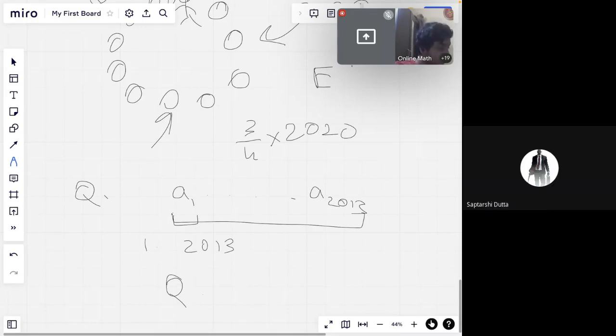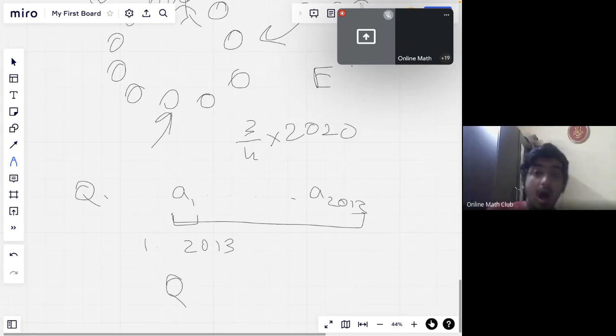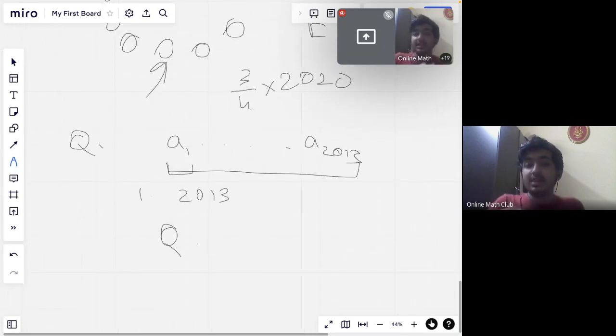So there can be 2013 distinct numbers, or there can be 2012 distinct numbers, or there can be up to one distinct number, right? Shouldn't we just add it and then divide by 2013? But you can't do that because it's a weighted average. There's not an equal chance that there are 2013 numbers and that there's one distinct number.